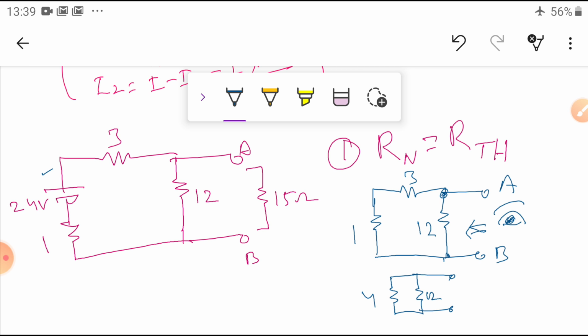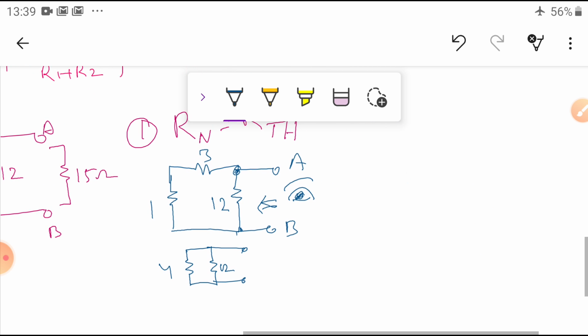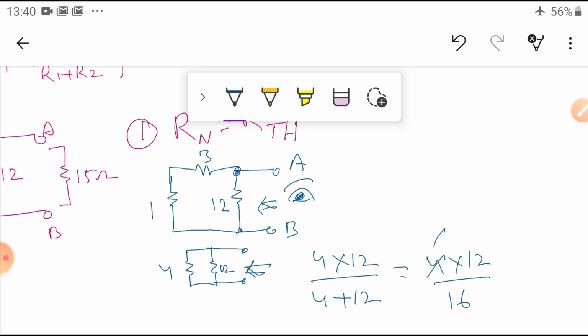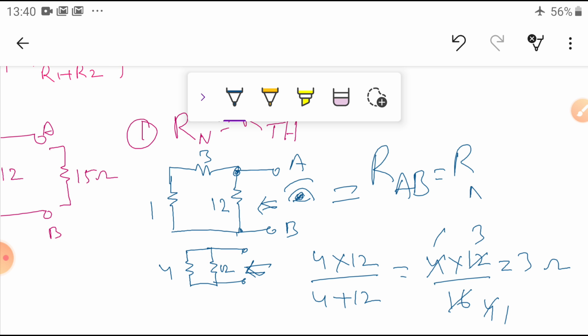The resultant value is 4 into 12 divided by 4 plus 12, that is 4 into 12 divided by 16, which is equal to 3 ohms. That means RAB, or R Norton, is equal to 3 ohms.